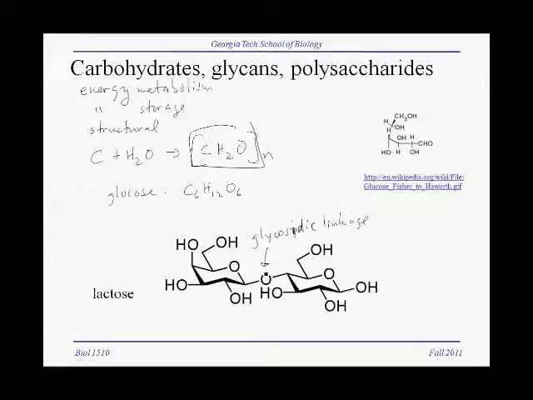And when you have 2 sugars linked together, then you have a disaccharide. And of course, you can have longer chains and get polysaccharides. Now, because of the glycosidic linkages and how they're formed, you can have branched glycosidic linkages. For instance, you could have a glycosidic linkage here and another one here, resulting in a branched chain.